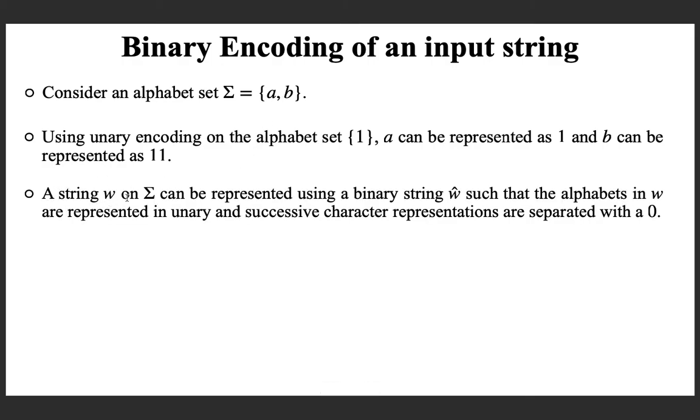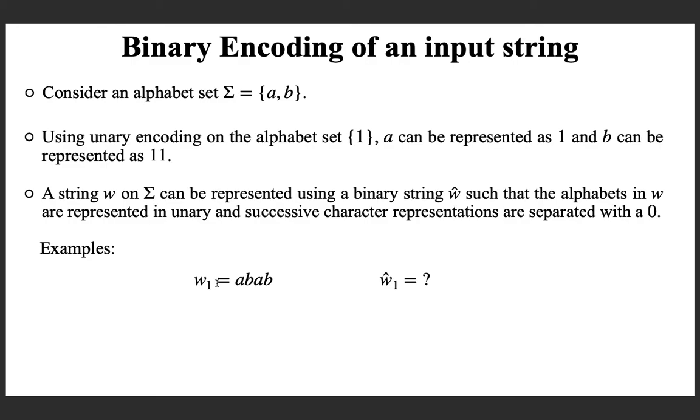Suppose you have a string W on the alphabet set sigma, then it can be represented in binary, denoted as hat W, that is the binary encoding of W is hat W, such that the alphabets in W are encoded in unary. And in this string, the unary representations of the characters are separated with a 0. Look at examples to understand what it is.